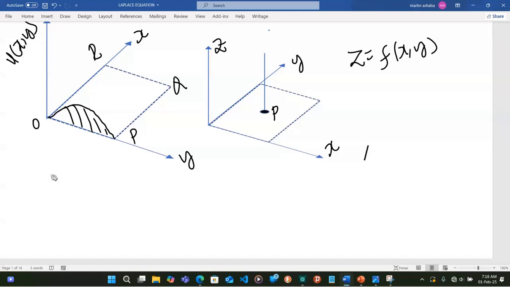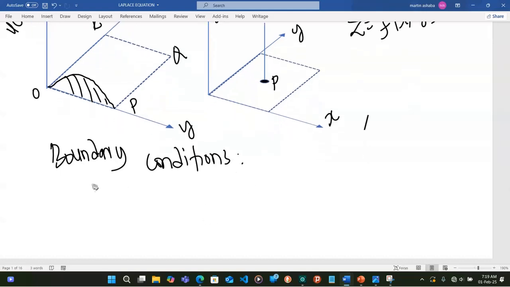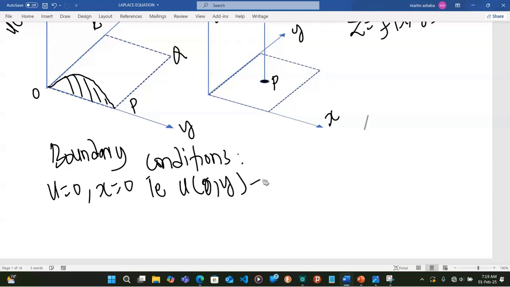And then if we talk about this being the solution, we will find ourselves stating a number of boundary conditions. The boundary conditions that we consider here include, number 1, u equal to 0 when x is equal to 0, that is to say u(0, y) = 0 for 0 < y < b.